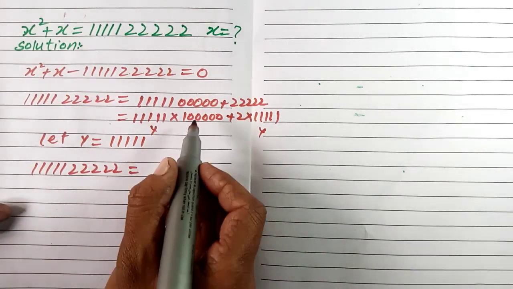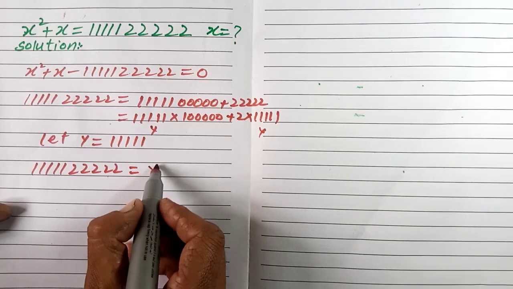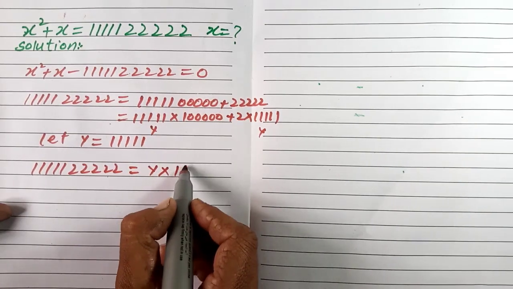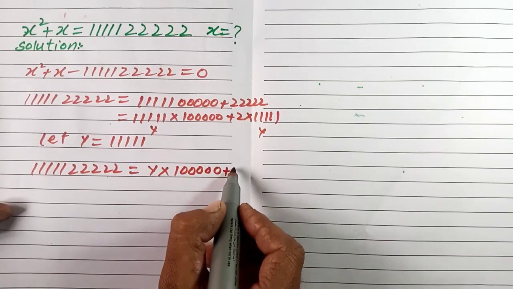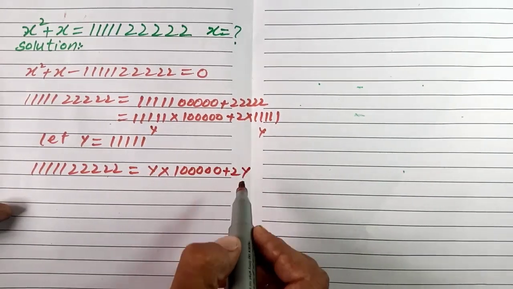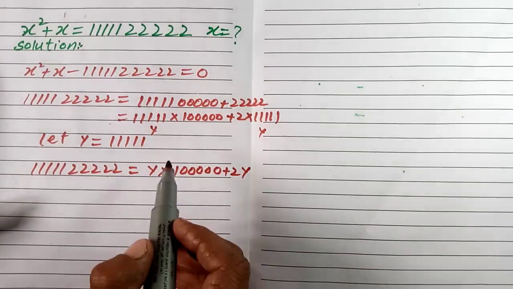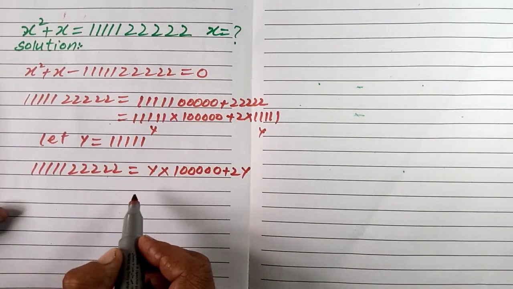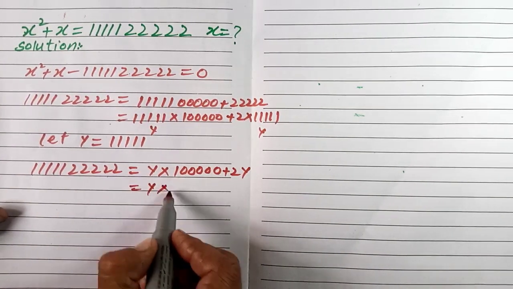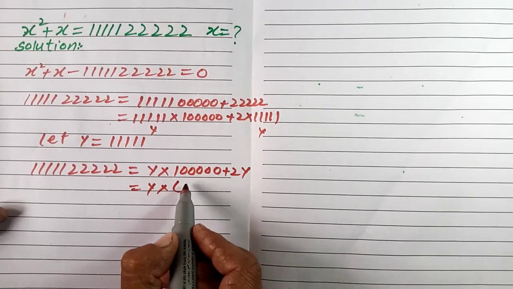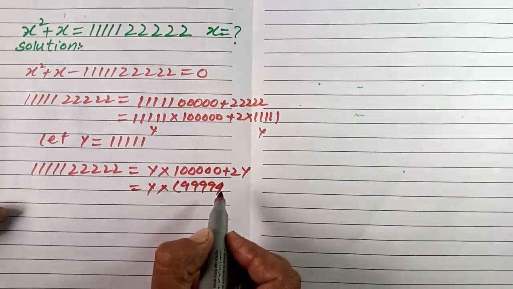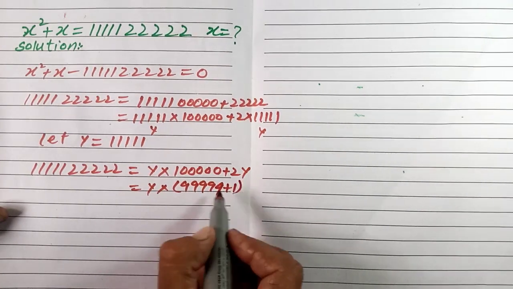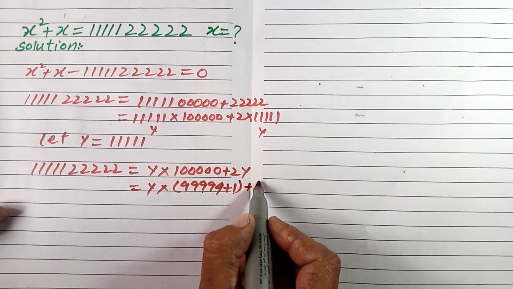So y times this, which is equal to y multiply 1 5 times 0, plus 2 times y. So here in this term we can also write y multiply, in the place of this term we can write 5 times 9 plus 1, which is equivalent to this term, plus 2y.